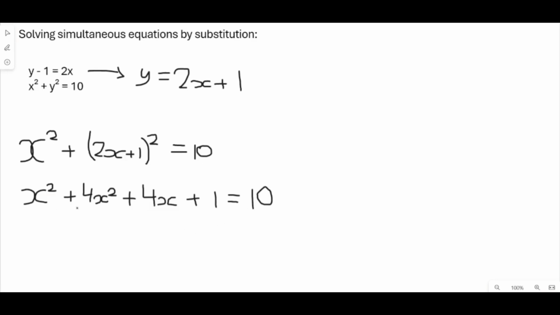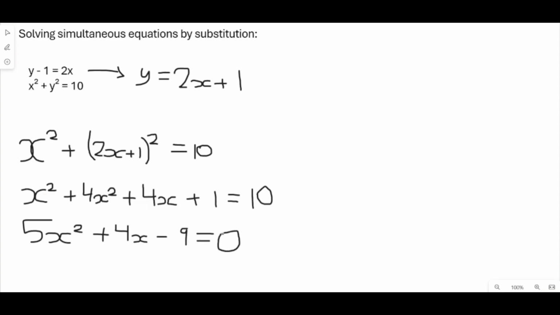And so now what I'm going to do is, as well as adding these to tidy it up, I'm going to take away 10 from both sides to make it quadratic. And over here, we're actually going to use the quadratic formula, which I'm just going to quickly write out.